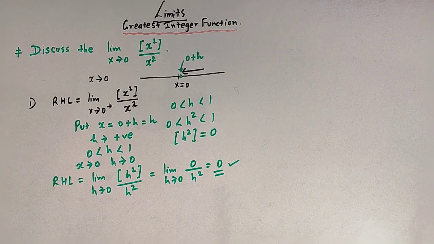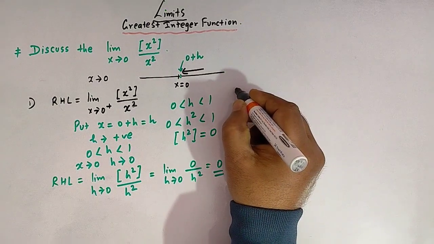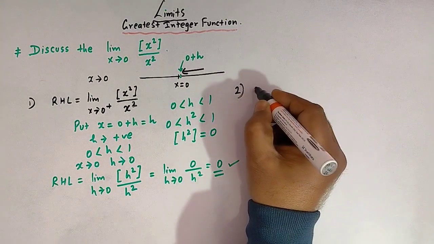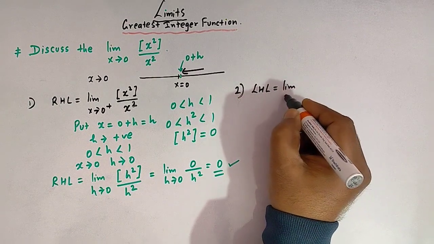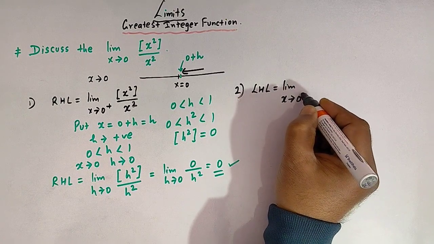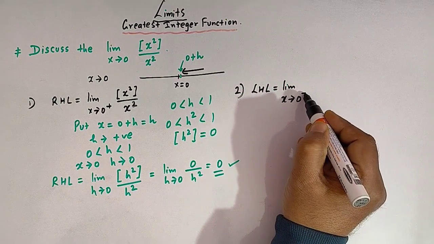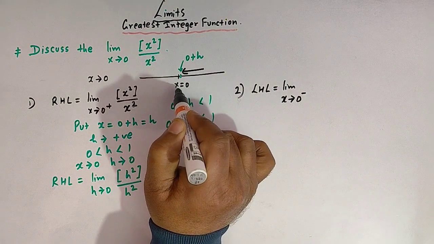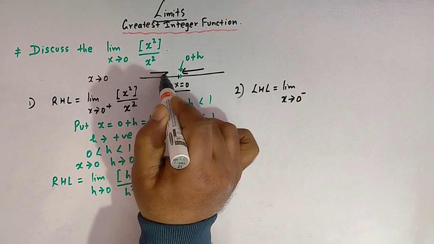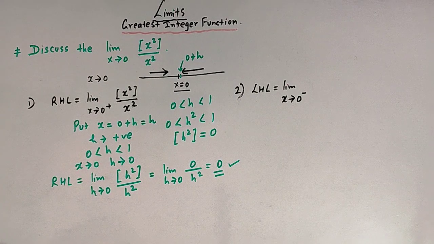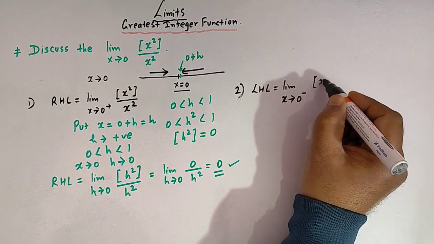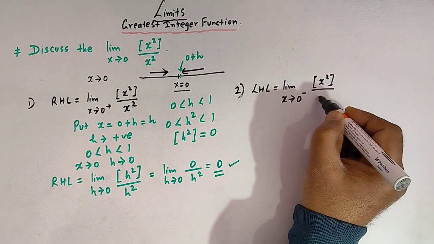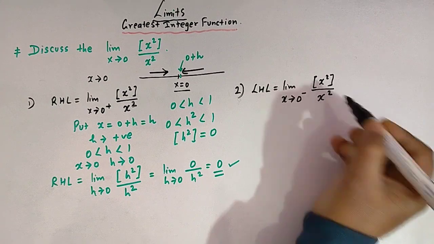Now let us find out the left hand limit. For the left hand limit, we'll take LHL, and here we will write limit x tends to 0 minus. This negative sign shows that we are now approaching x is equal to 0 from the left of x is equal to 0, and here we'll write greatest integer of x square divided by x square, right?